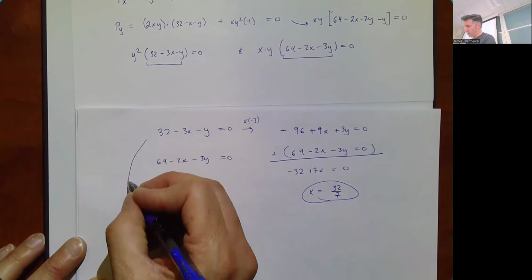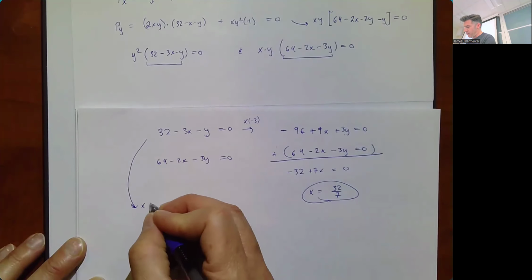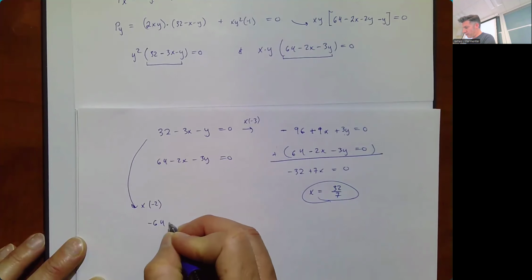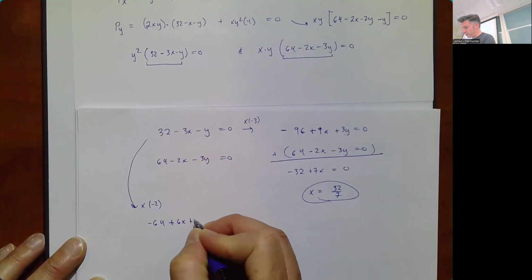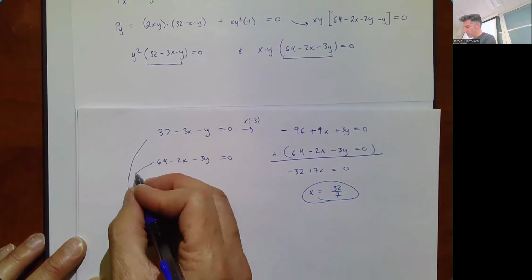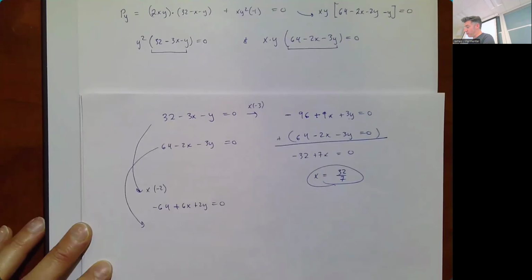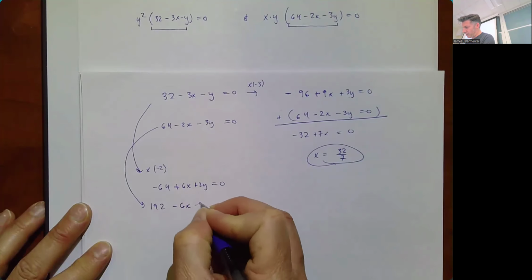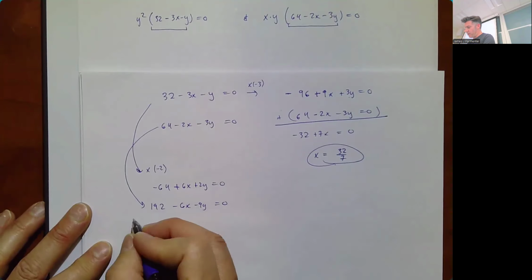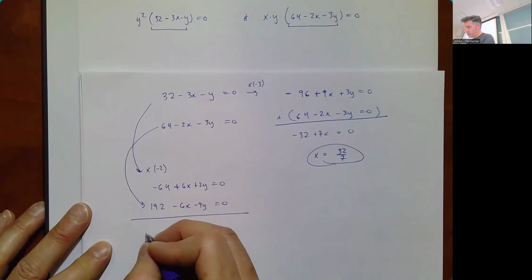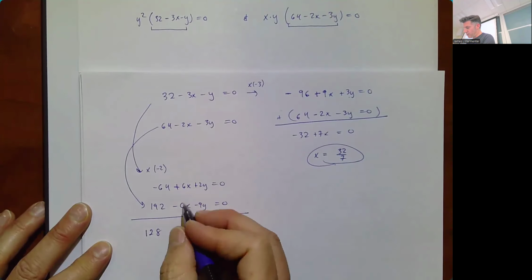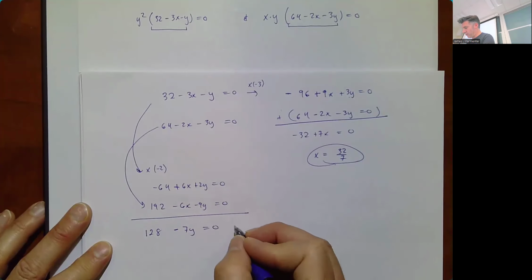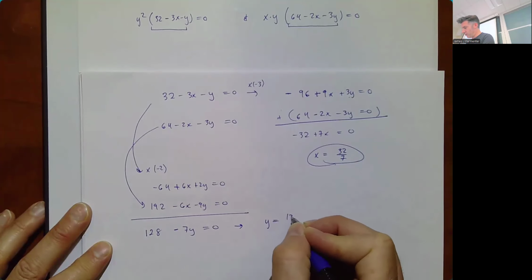So if we do that here, we multiply that equation by a -2 and get -64 plus 6x plus 2y equal to 0, and multiply this other equation by +3, get 192 minus 6x minus 9y equal to 0. Add those together, then we get 128 plus 0x minus 7y equal to 0. End up with y equal to 128 over 7.